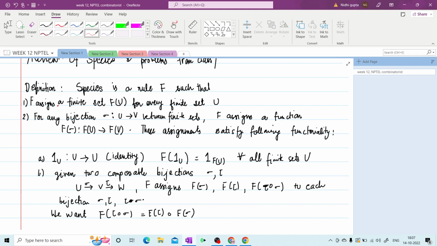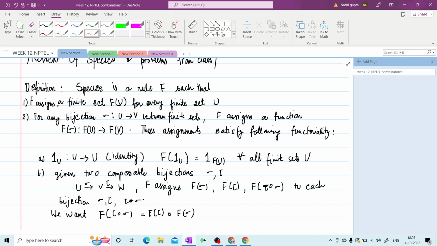And secondly, we also want compatibility with respect to composition. So suppose you have two composable bijections, that is, two bijective functions which can be composed. So we have these finite sets U, V, W, and sigma is a bijection from U to V, tau is a bijection from V to W. Then from data 2, F will assign some function between F(U) and F(V), which will be F(sigma).